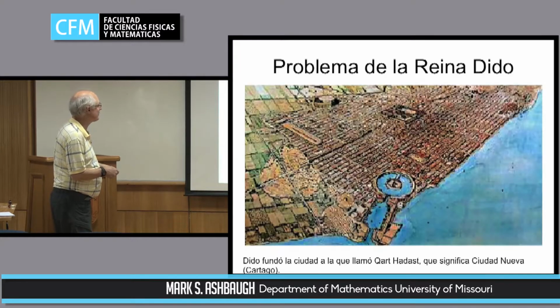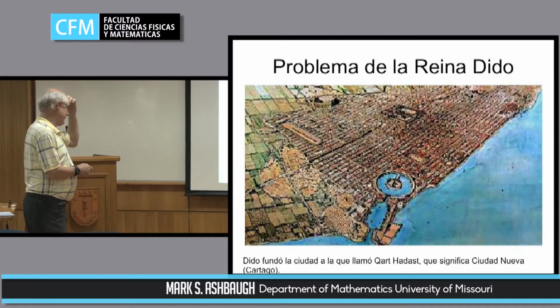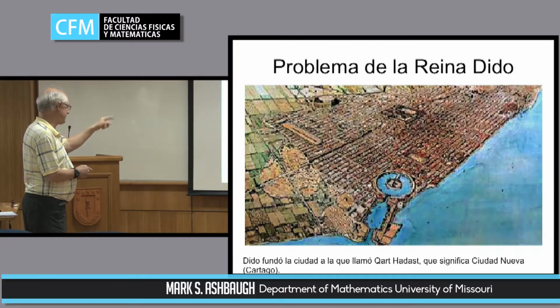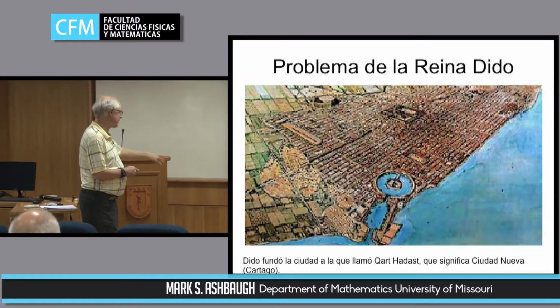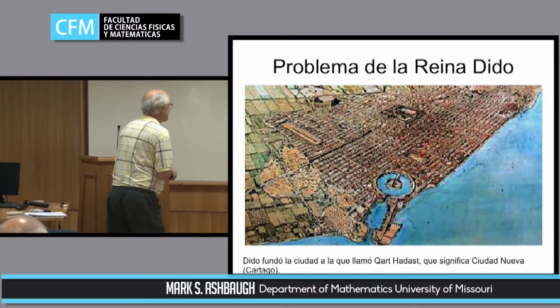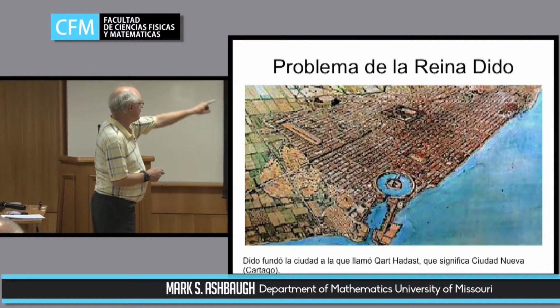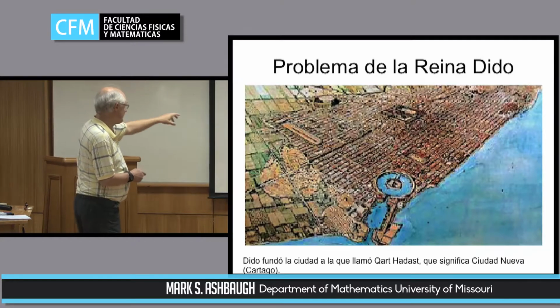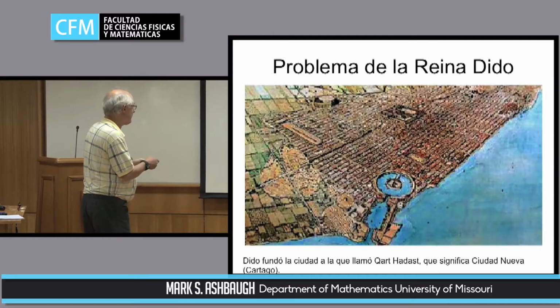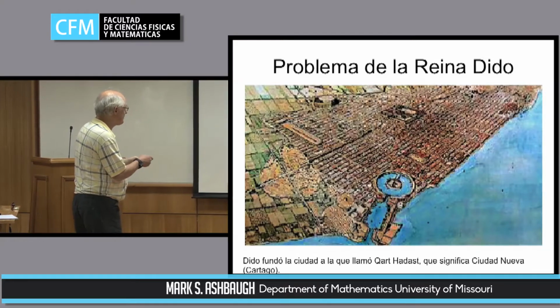Okay, now we're moving. Okay, so this is a picture of the city that Queen Dido founded. It's Carthage, or Cartago in Spanish. And you can sort of see that, well, this would be much after she settled, presumably, because I think each individual little unit there is a house.